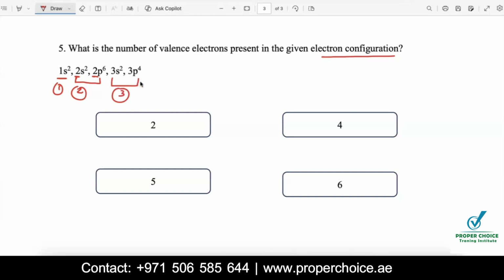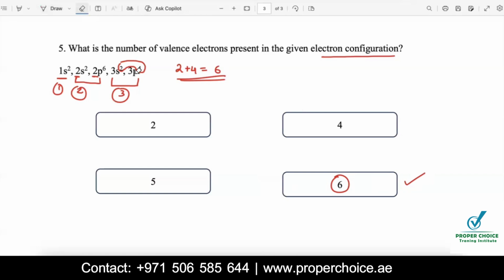Whether it is in the s, p, or d orbital, regardless, whatever the number of electrons present in the outermost shell, that all represents the valence electrons. These all are representing the valence electrons now. So 2 plus 4, total 6 valence electrons. So the right answer to this question is option D.